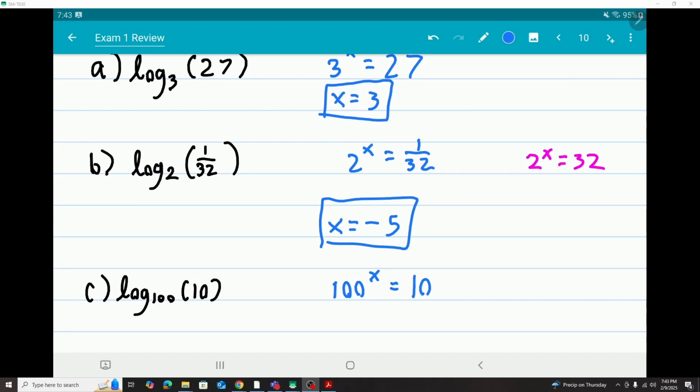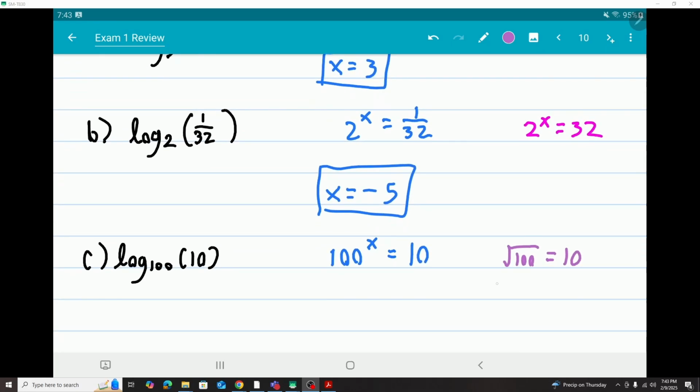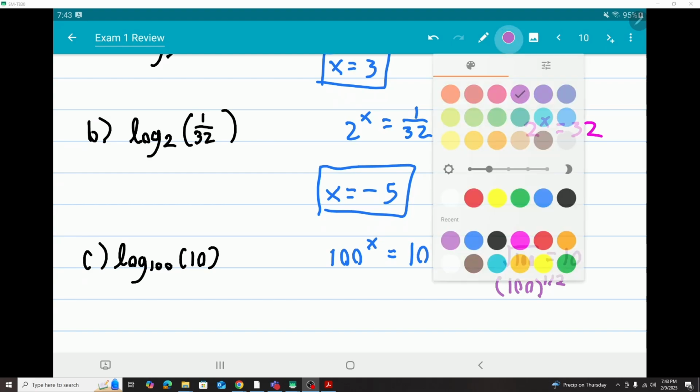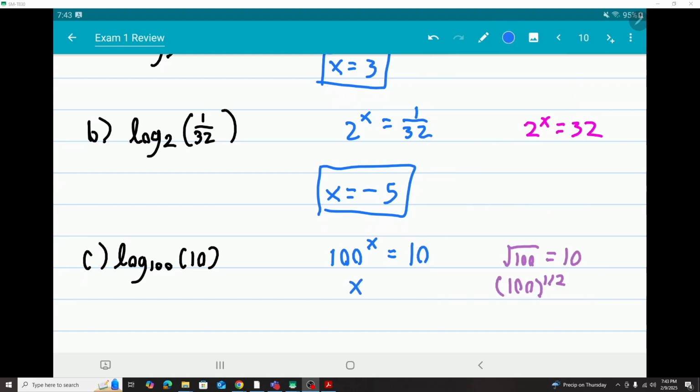And so we try to think, what's the relationship between 100 and 10? Well, if I take the square root of 100, that's equal to 10. But what's another way to write a square root? That's really a 1/2 power. So here we write x is equal to 1/2.